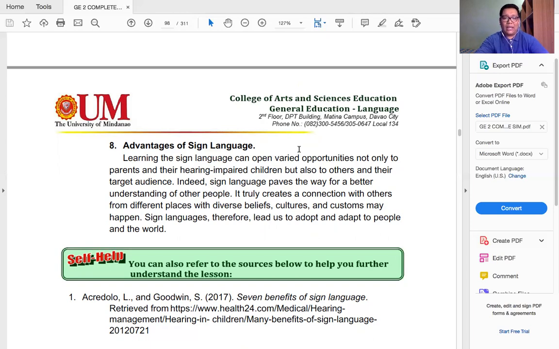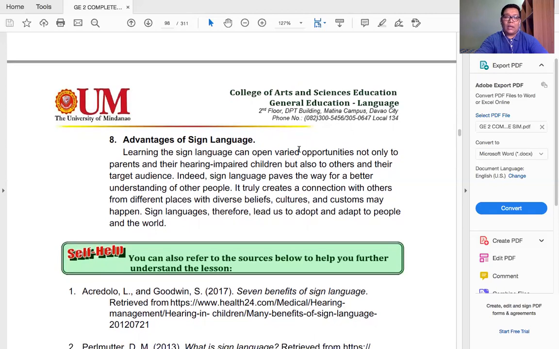Indeed, sign language paves the way for a better understanding of other people because understanding the sign languages, the gestures, the body movements, and the facial expressions would also open doors for you to understand the culture of that specific speech community. And as a consequence, connection is created with others from different places with diverse beliefs, cultures, and customs.